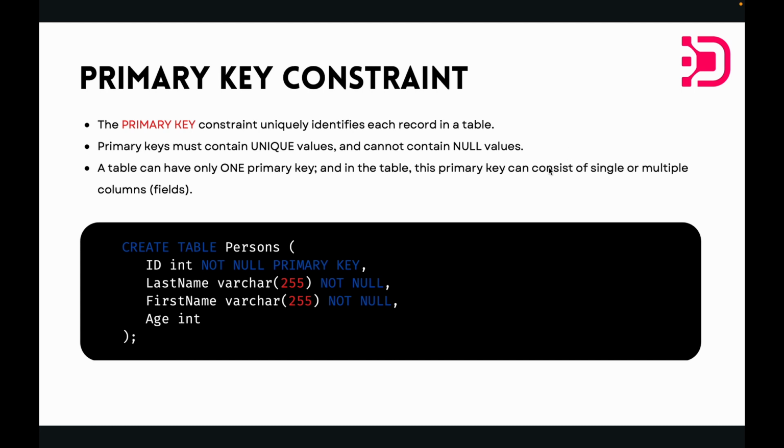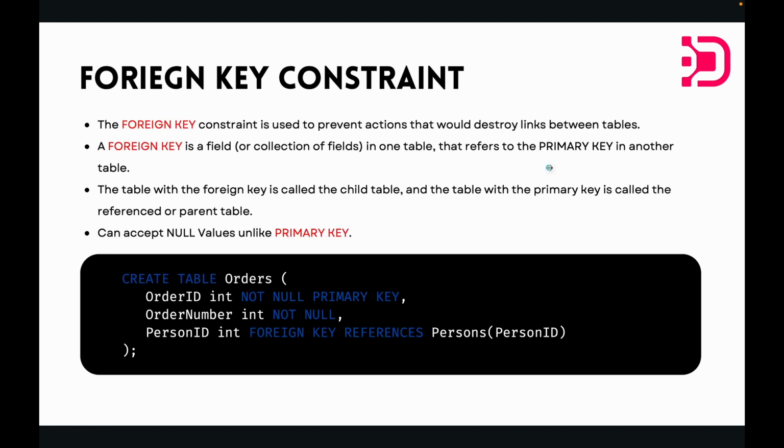Next, we've got a foreign key constraint, and the foreign key constraint is used to prevent actions that would destroy links between tables. So basically the data in a foreign key in one table would point or refer to the primary key column in another table.